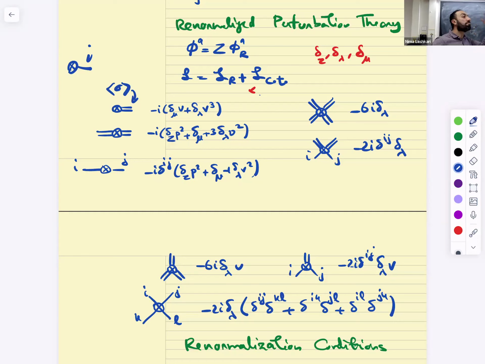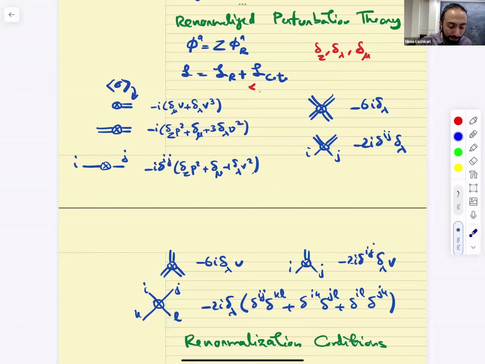I'm preserving O(N minus 1), right? So there is no such term, and that's the reason. So there is this counter term, which is the propagator for the pi fields. There's this counter term, and so on. These are the counter terms you have. Again, remember that all you have is delta lambda, delta z, and delta mu, and all of this.